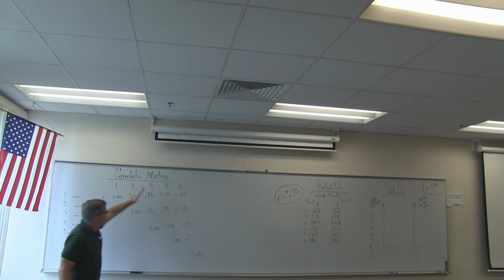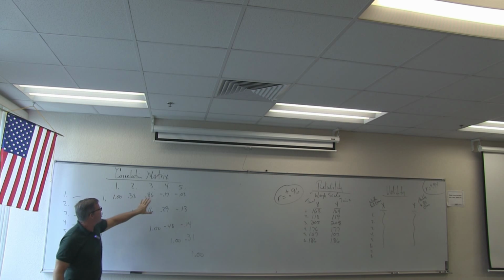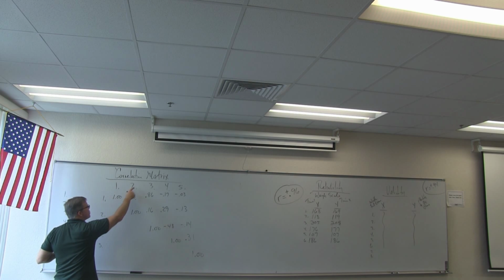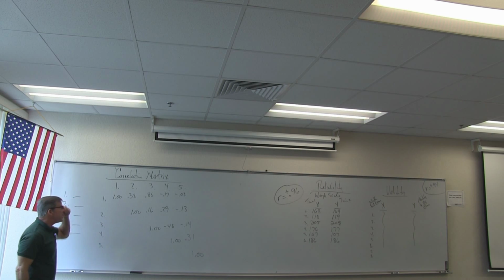Now you see correlations on this side and nothing on this side because this would be the mirror image of this. For instance, the correlation between 1 and 2 is 0.38, so the correlation between 2 and 1 would also be 0.38. So typically they just don't include this, to make it easier to see.